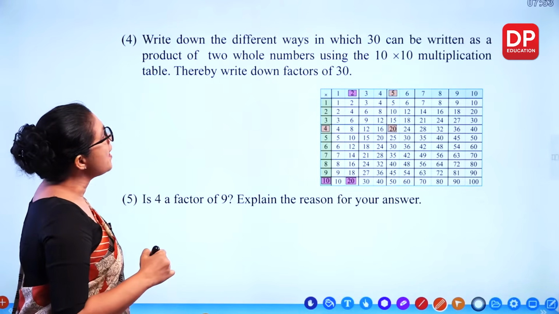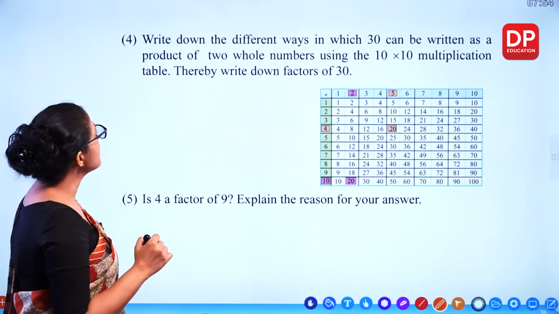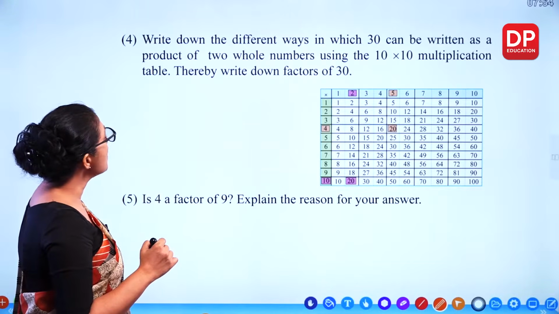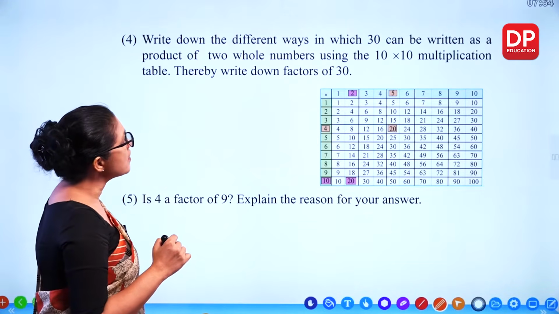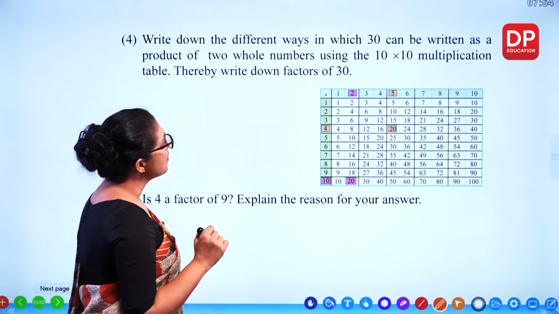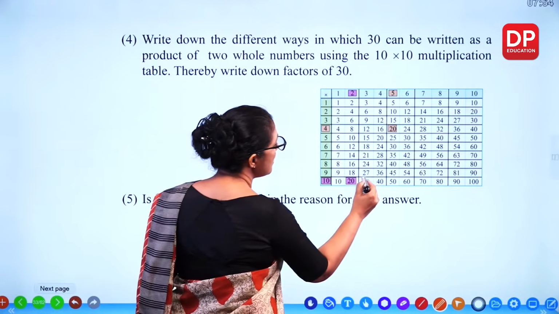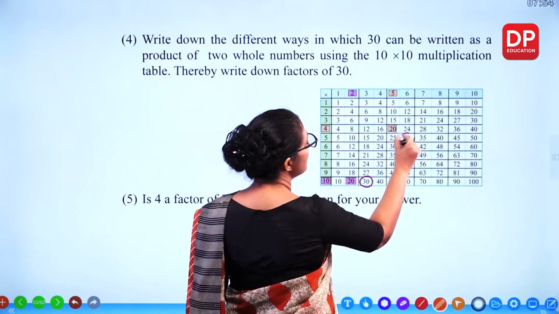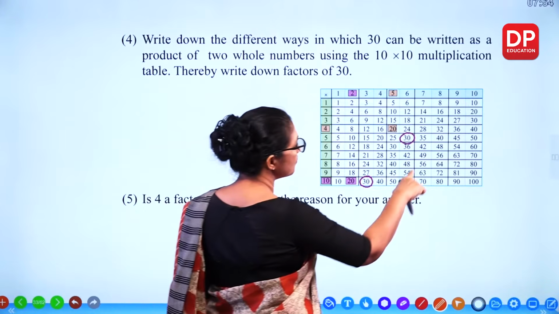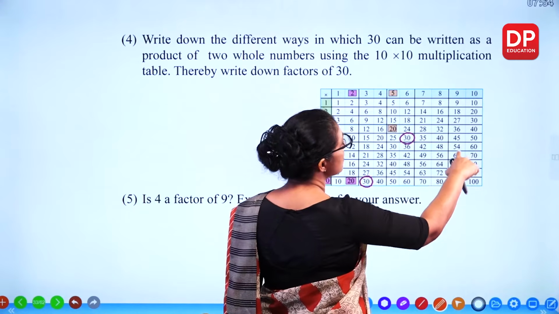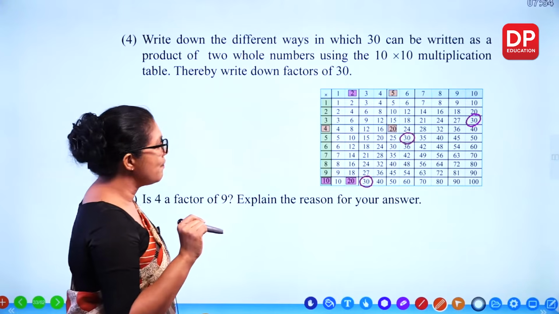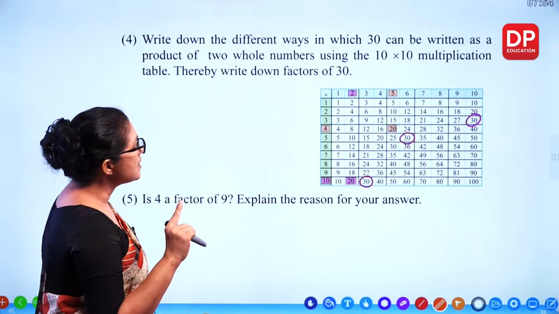Write down the different ways in which 30 can be written as a product of two whole numbers using 10 by 10 multiplication table. Thereby write down factors of 30. 30. Where do you get 30? Here and here. What else? So when you look at the table carefully, you get 3 ways. So 3 times 10.